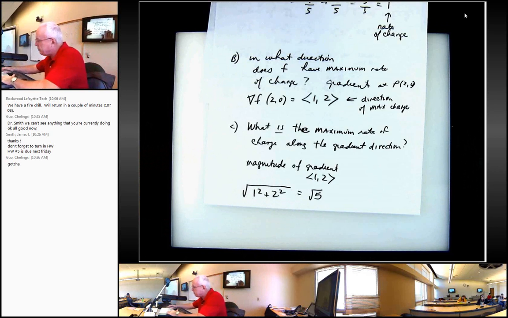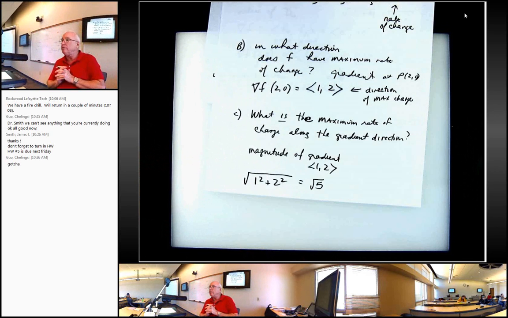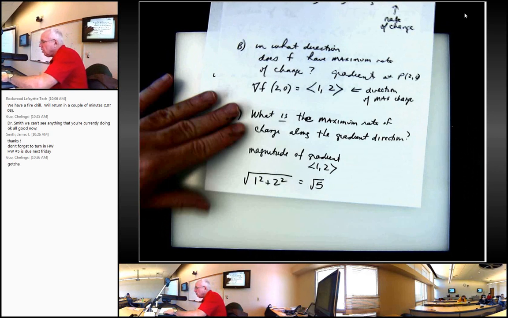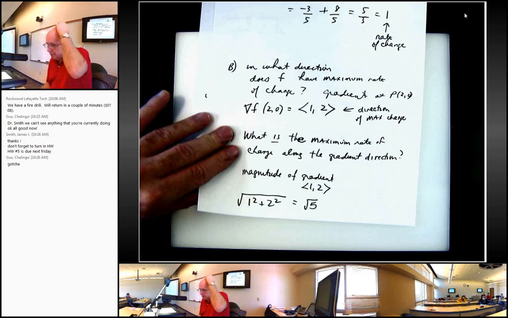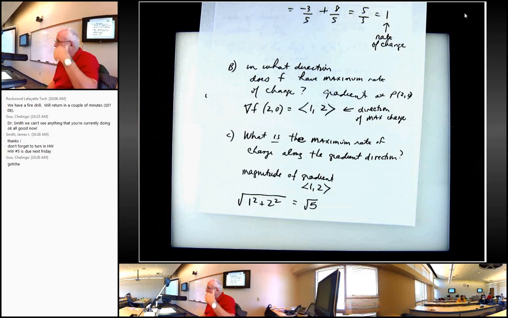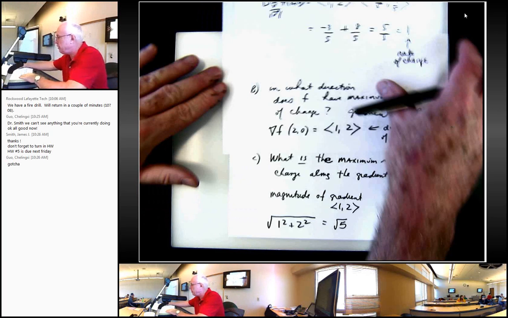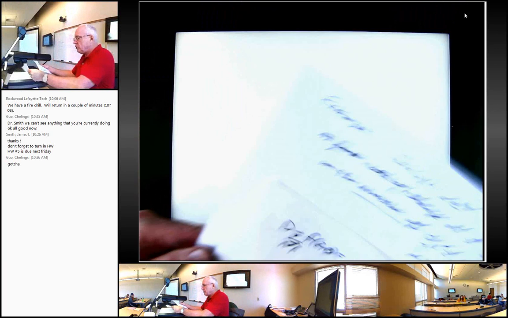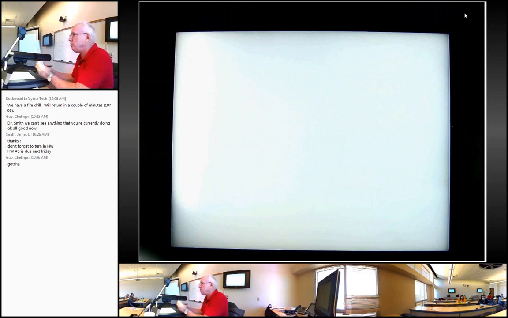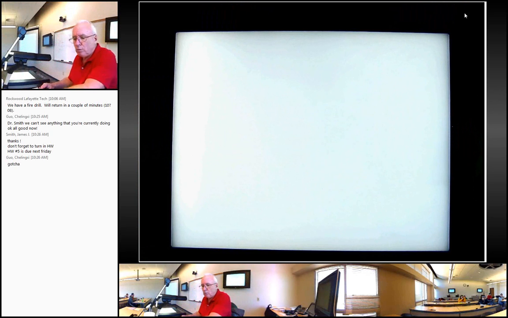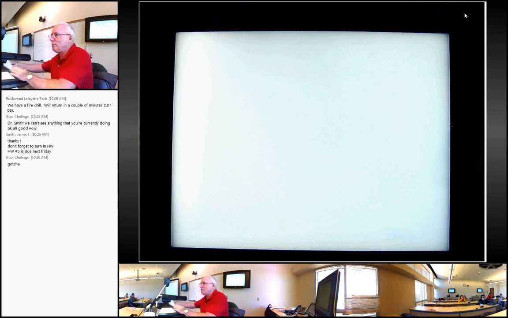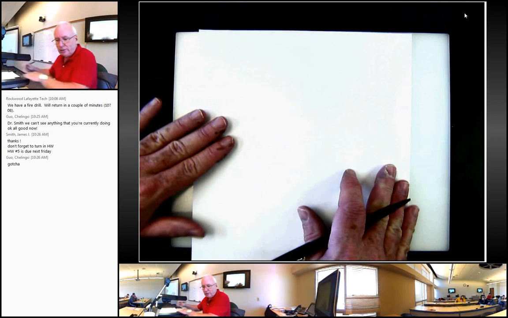And that's the biggest rate of change we're going to have. So that's a comprehensive problem using how we define the directional derivative and using that theorem. You can be assured that come a couple of weeks you're probably going to have something like this. But we'll get closer to that bridge and deal with it when we get a little closer.